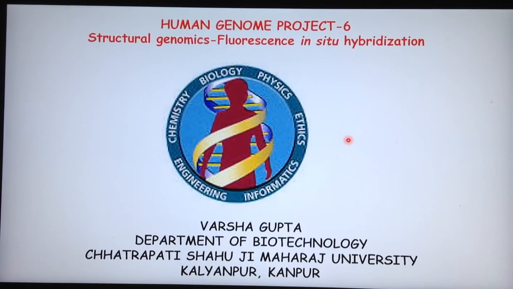Once these cDNA and genomic DNA were cloned in suitable vectors, they were processed for sequencing. And we have also discussed radiation hybrid mapping, which has helped us in assigning the markers which are closely linked to each other and present on the same radiation hybrid, and BAC clones which were sequenced by shotgun approach.